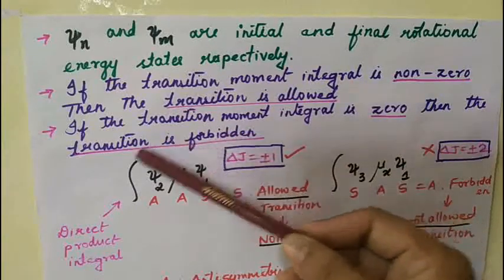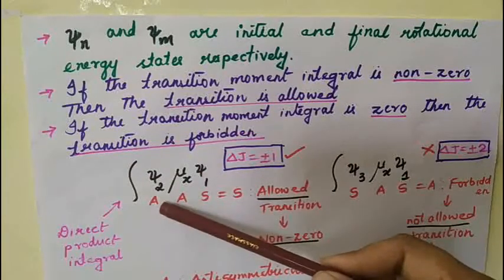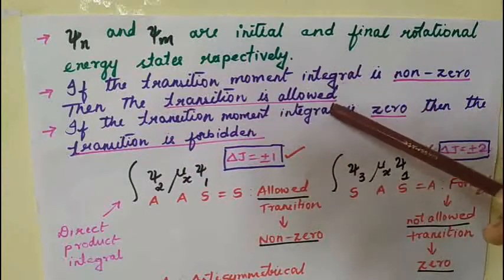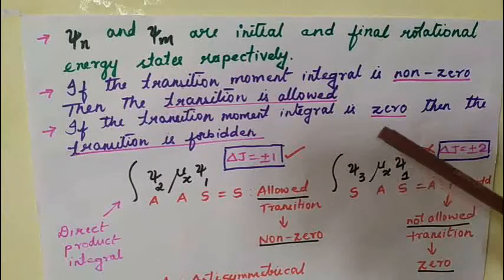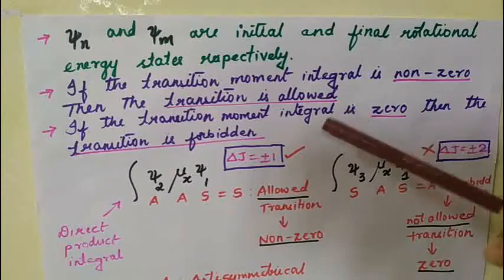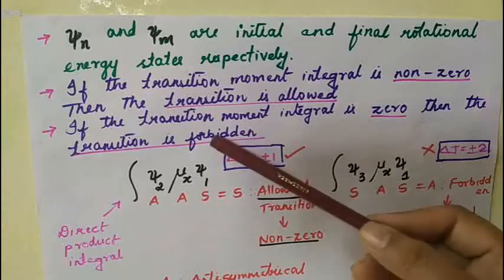When the direct product integral is 0, that respective rotational transition is not allowed. Non-zero means allowed, and 0 means forbidden.